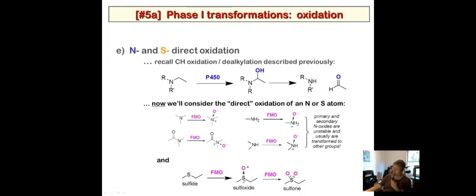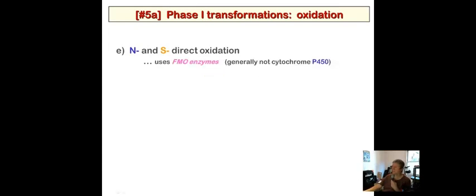But we can also show it as a S double bond to O. And that is the way you're probably used to seeing sulfoxides. And then it can happen again, and it can go from a sulfoxide to a sulfone. And this is like the doubly oxidized sulfur molecule. Okay, and also, this happens with FMO, not P450.